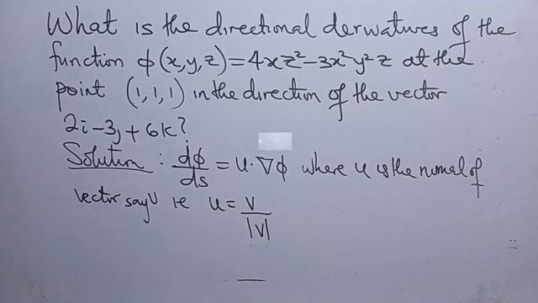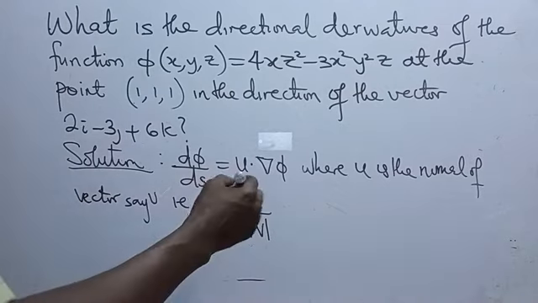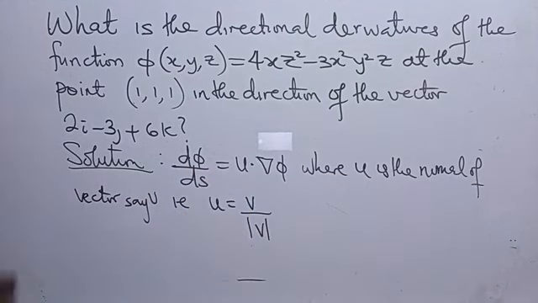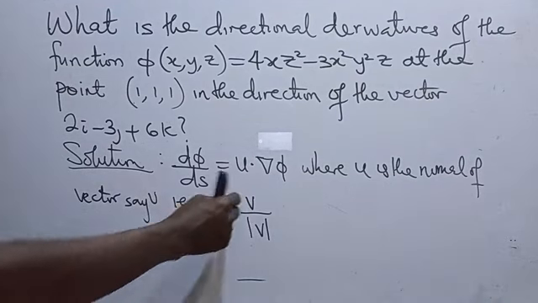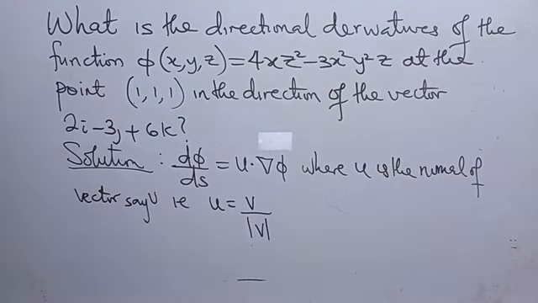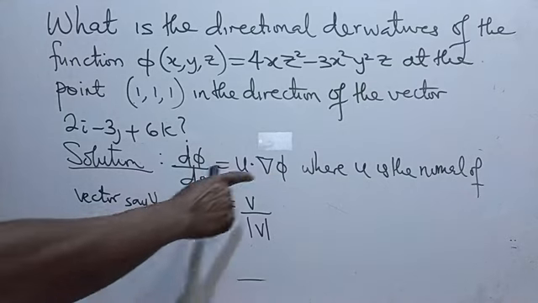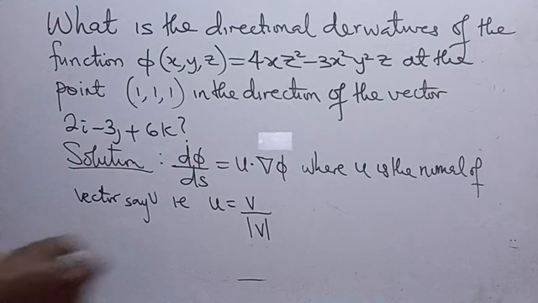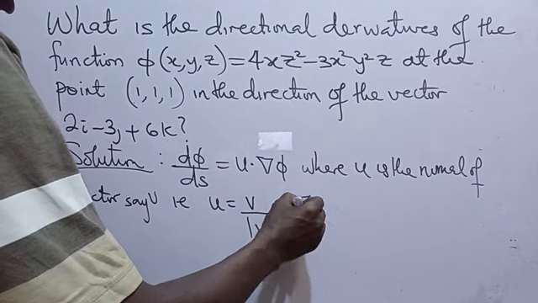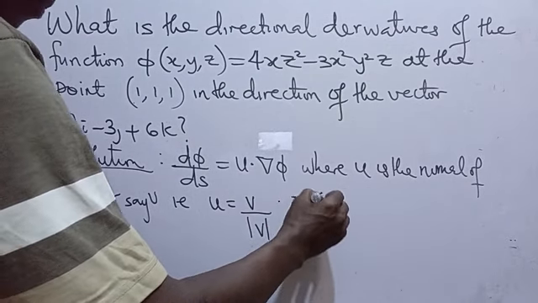Okay, now to cut a long story short, we actually need to find this u, because we want to know the unit vector. And we know that this symbol, we call it nabla.